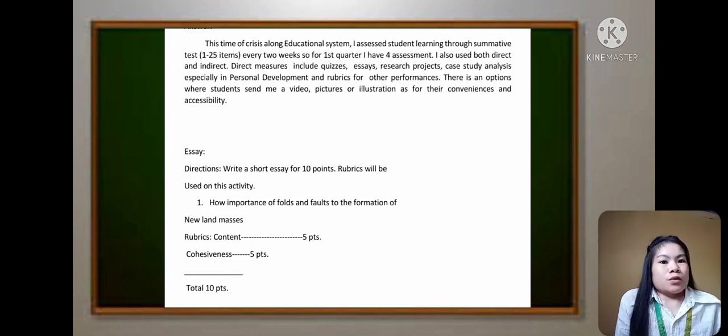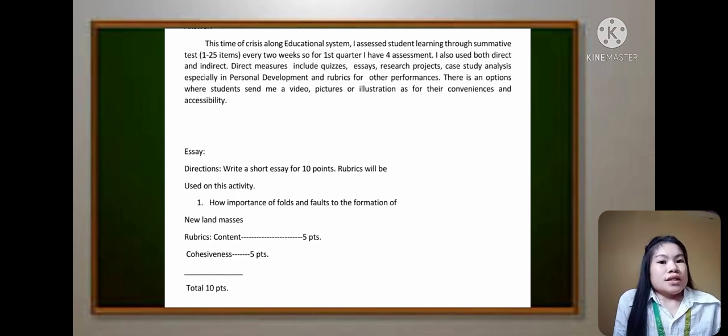So for first quarter, I have 4 assessments. I also use both direct and indirect measures. Direct measures include quizzes, essays, research project, case study analysis, especially in personal development, and rubrics for other performances. This is the option where students send me a video, pictures, or illustration as per their convenience and accessibility.